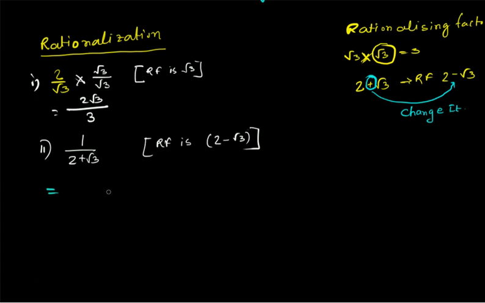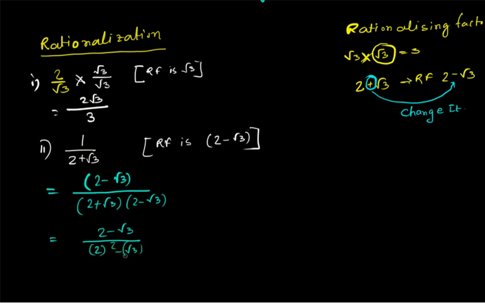So if I multiply, I will be getting in the numerator 2 minus root 3, by 2 minus root 3 into 2 plus root 3. So I can write 2 minus root 3 by 2 square minus root 3 square, that equals 2 minus root 3 by 4 minus 3, that equals 2 minus root 3 by 1, and that equals 2 minus root 3.